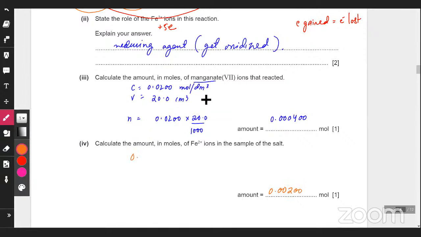And make sure you write the working, multiplied by 5. I mean, that's the moles of Fe. N usually represents moles, sorry, N represents moles. So it's n Fe2+, and that's what your answer is. And you found the moles of Fe.